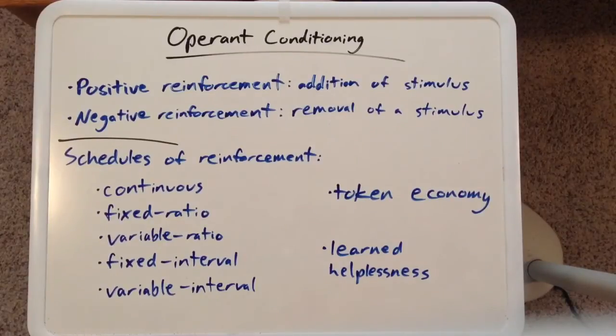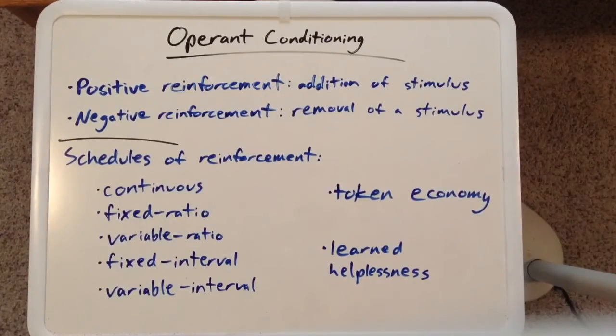So for example, the rat could pull the lever 3 times, or they could pull it 10 times. Another example of this would be slot machines. You pull the slot machine however many times, but you never know when it's actually going to pay out. And so a variable ratio keeps people doing that sort of behavior because they never know when they're going to get the outcome they want.